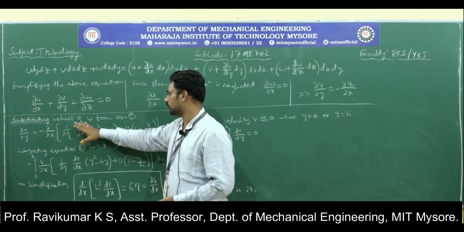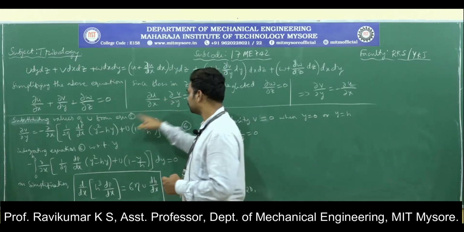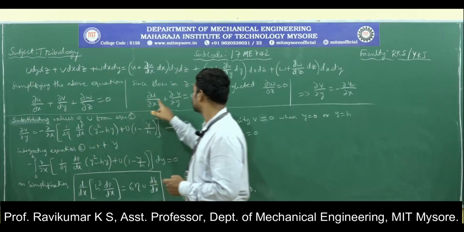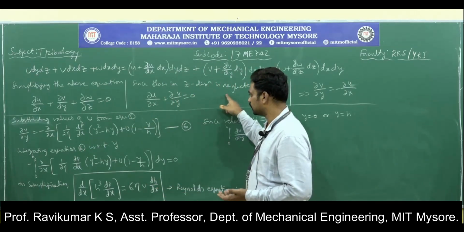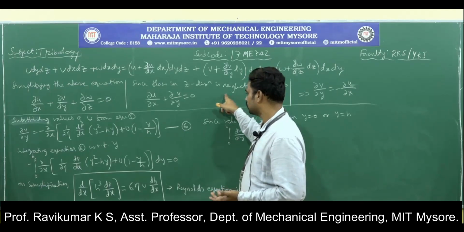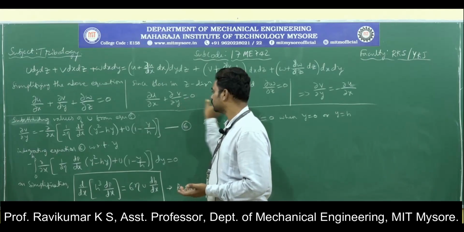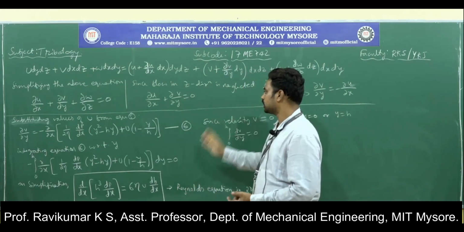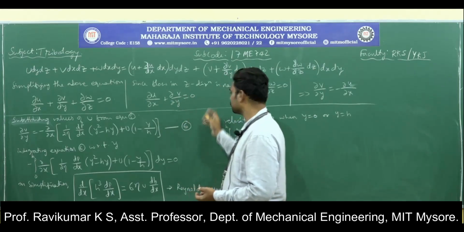Again, substituting the values of u from equation 5 here, you can call this equation number 5a, where you can take this particular term to the other side. So deva u by deva x will be equal to minus deva v by deva y.